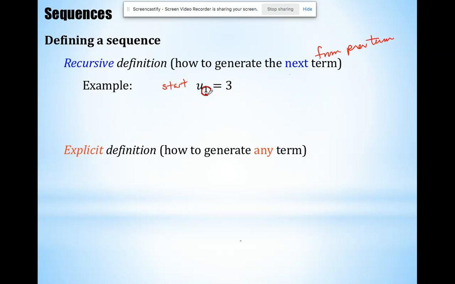The first term is 3. How do you get the next term? The next term is the previous term plus 5, and use n greater than 1 because I've already used 1, told you the answer is 3, or that the corresponding value is 3.